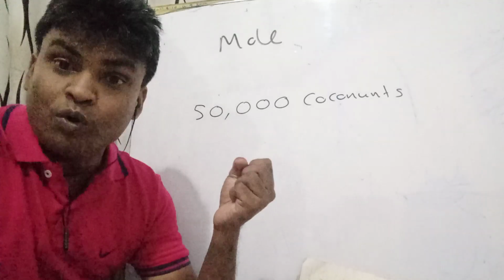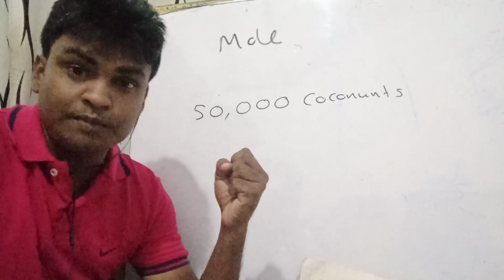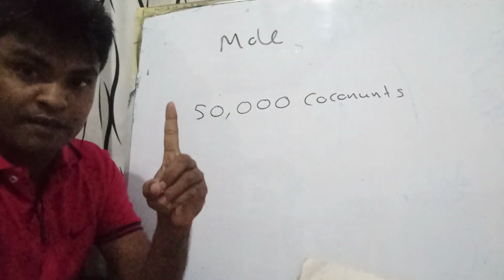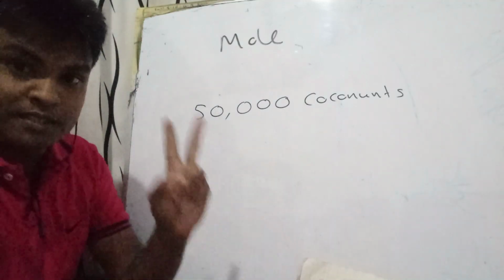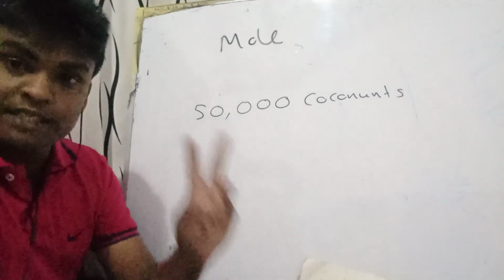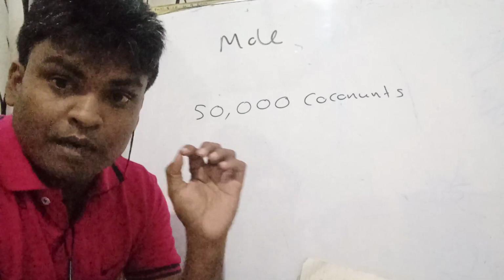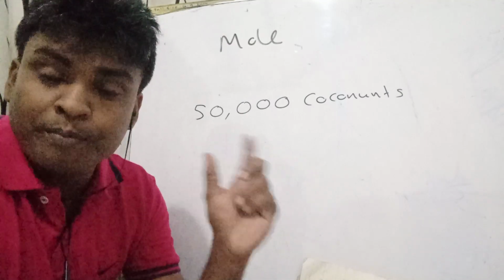These people who are loading coconuts to the lorries take 2 coconuts in the hand, send to the lorry, say 1, and another 2 coconuts in the hand, send to the lorry, say 2, another 2 coconuts in the hand, send to the lorry, say 3. So like that, they count the coconuts in the coconut estate pair by pair.